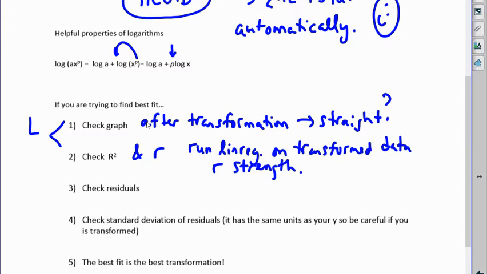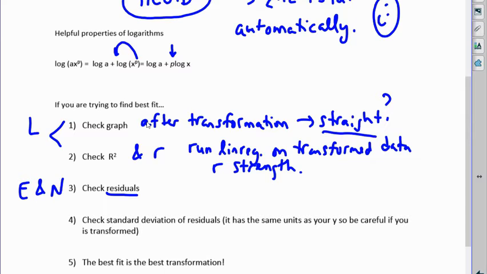Then you're going to be checking the residuals, which means also looking at your E and your N. Of course, I do all these checks after I feel like I've seen something that looks straight and has a good R value.